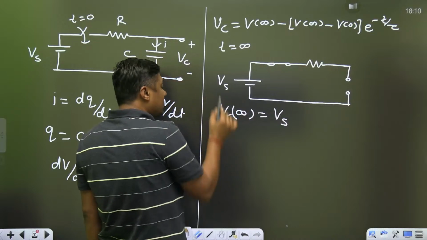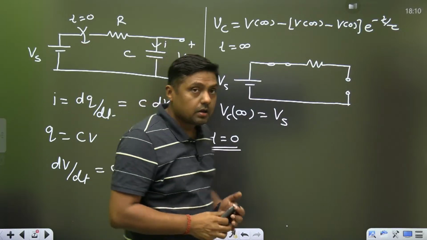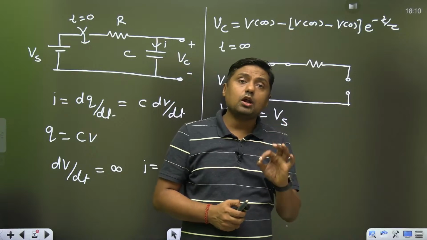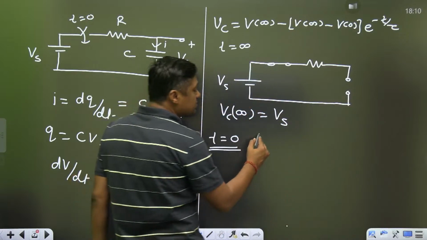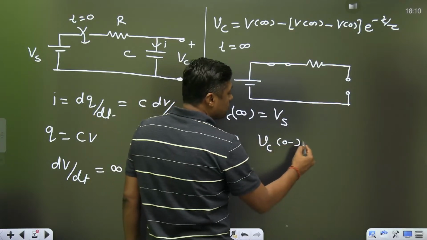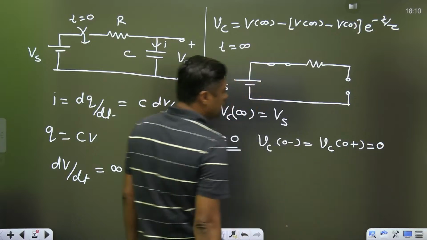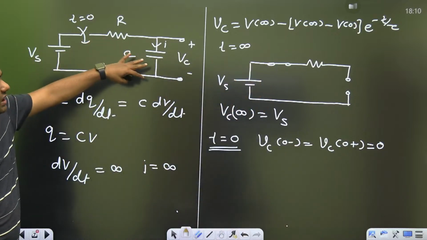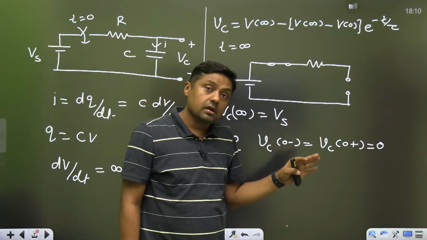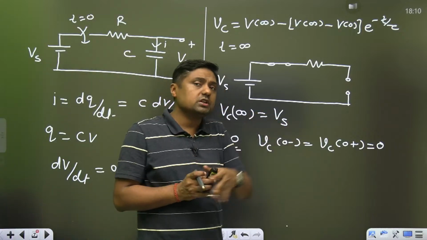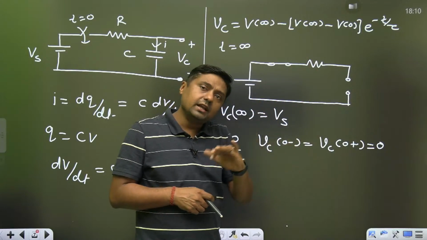Now, exactly at t equal to 0, what is the value? This is called the initial condition. Capacitor does not allow sudden change of voltage. If suppose the initial voltage is 0, then just after switching, it will remain 0. Just before switching, if it is unenergized, then after switching again it will remain unenergized. And suppose before switching the voltage across the capacitor is 5 volt or any voltage, then it will remain the same.